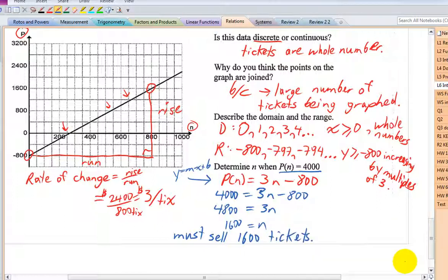The key today is to find your slope and find your intercepts. You'll need your slope to make your equation and also to find your domain and ranges. So you must find your slope, domain, and range. Okay. Homework, get started.